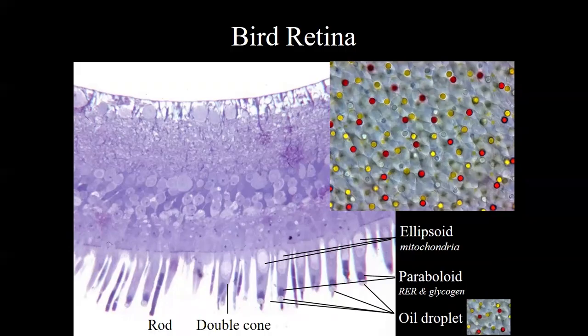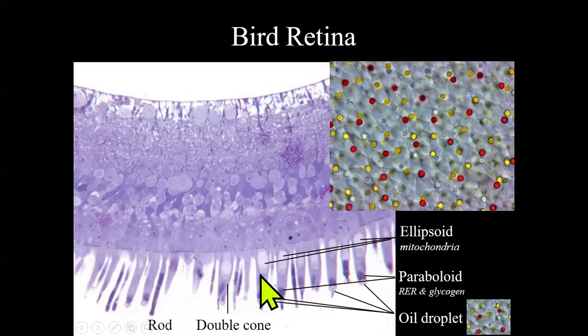But what I really want to show you here is this little round structure that's always just on the inside of the outer segment where light actually interacts with the tissue. And here's another one, here's another one, here's another one.